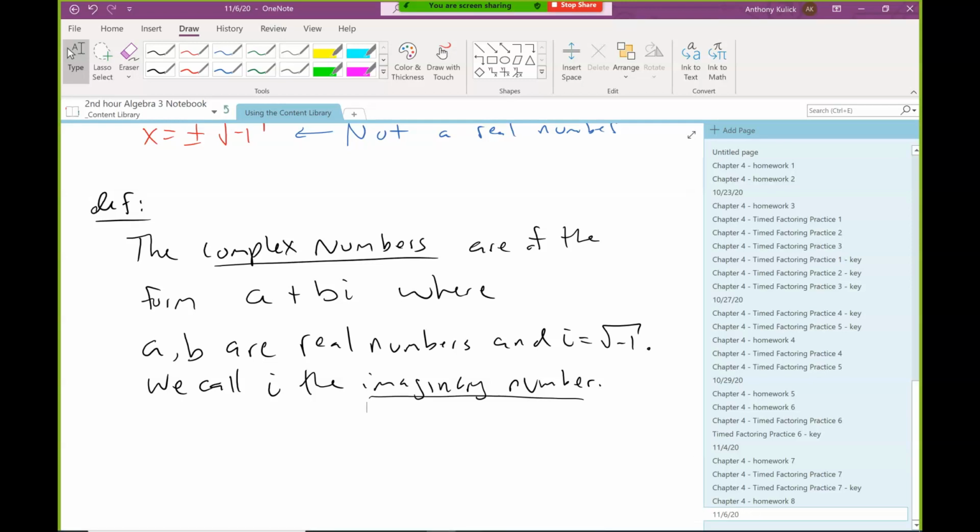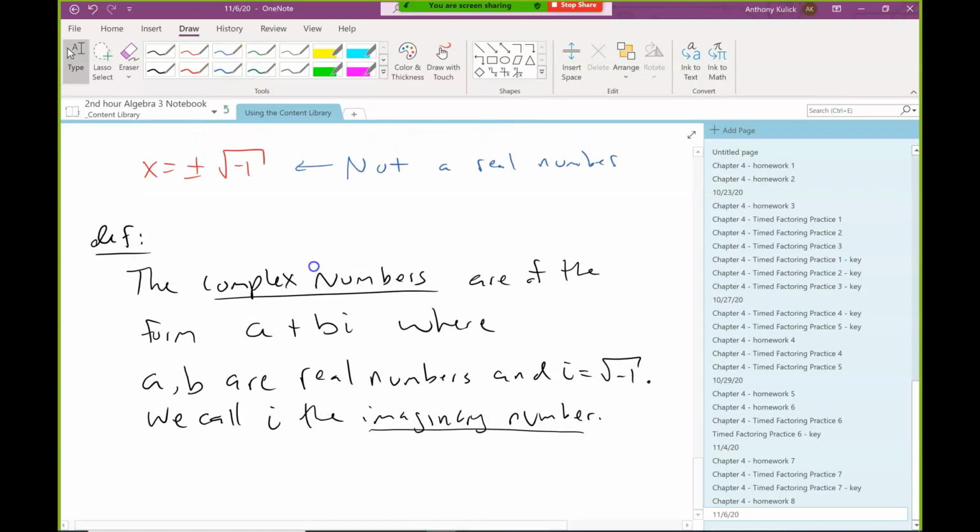So if we go back to that problem we were working on before, with this new definition, we'd say that x is equal to plus or minus i. And that's how we'll write our answer there.